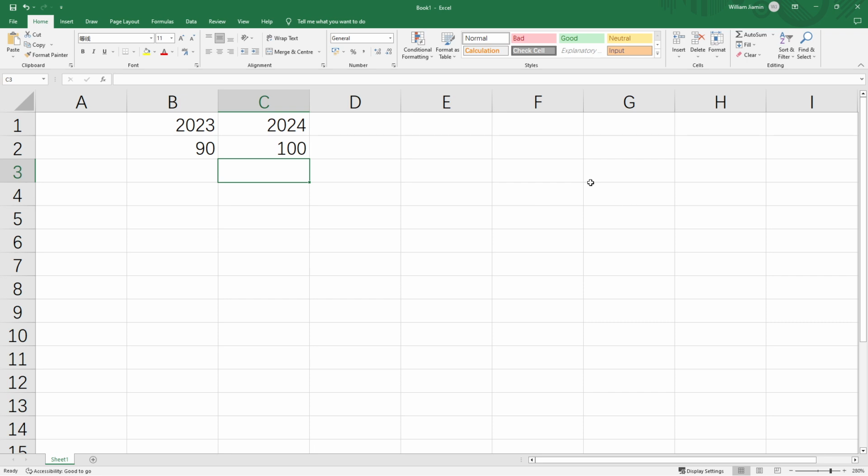So the return is pretty simple. You just use this and divide it by this. And of course you can use this, subtract 1, and get approximately 11.11 percent of return. So this can be treated as an investment return.